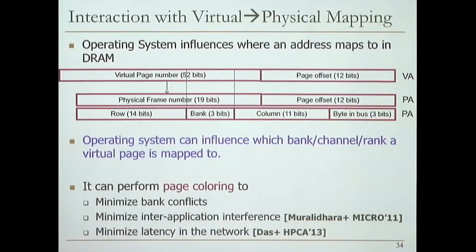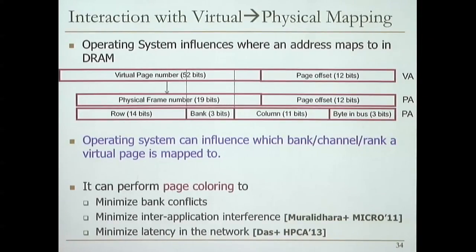The operating system can reduce the cache conflicts between two different processes by intelligently choosing physical page numbers and doing the page coloring that I just described, assigning some colors to one process and some other colors to another process. That way you can partition your cache, just like we did partitioning right now. You can partition your banks across different processes. And clearly you can partition your channels, right?